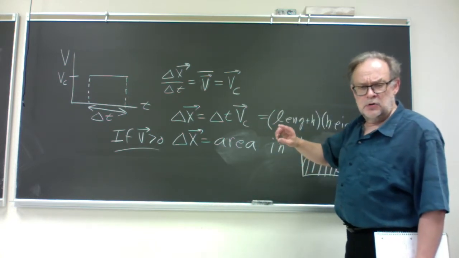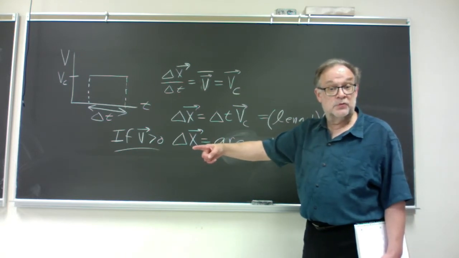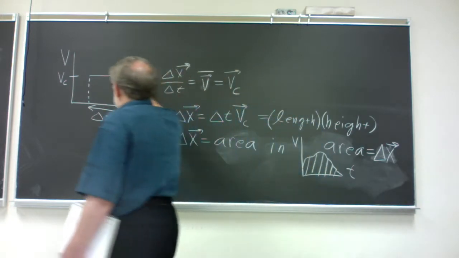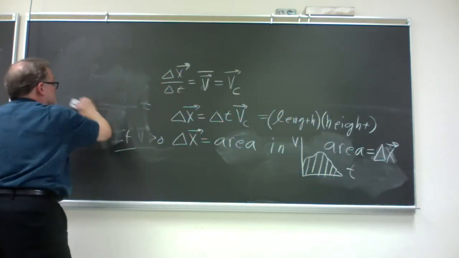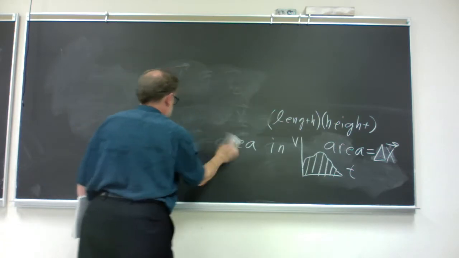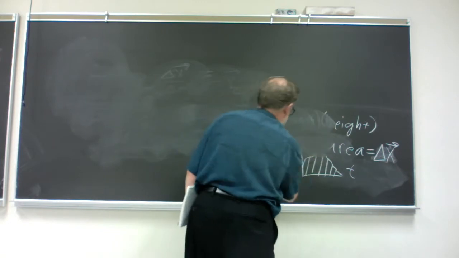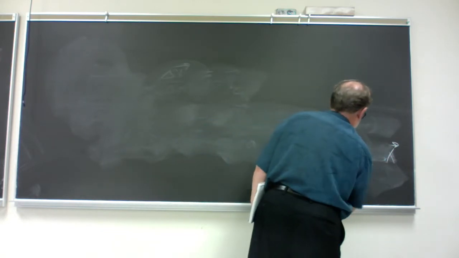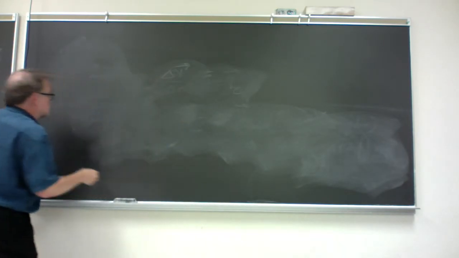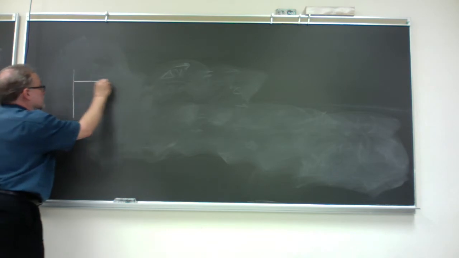Now, let's look at a slightly different case. What happens if the velocity is negative, not positive? So our simple velocity versus time graph will look like this.